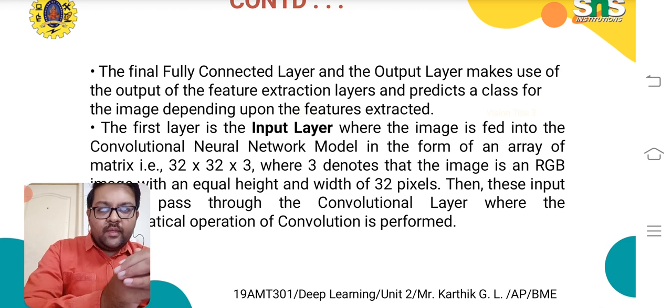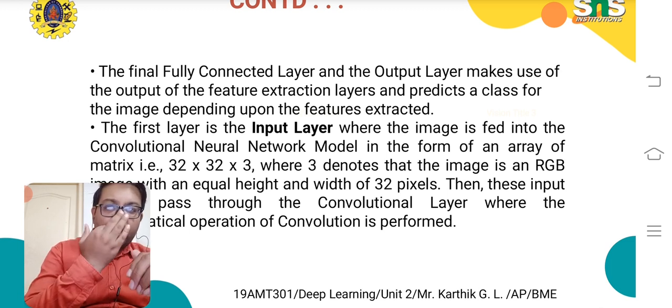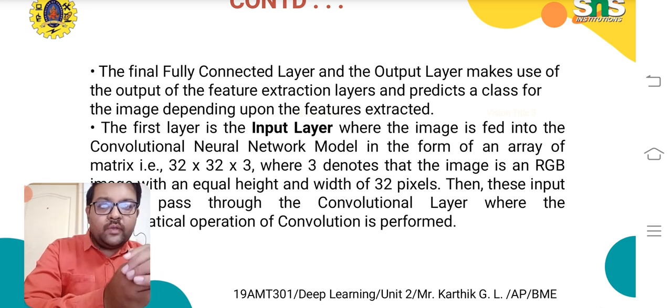Finally, the fully connected layer and the output layer make use of the output of the feature extraction layers and predict the class of the image depending upon the features extracted.